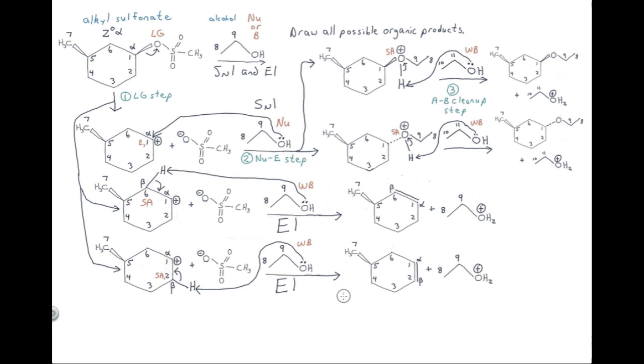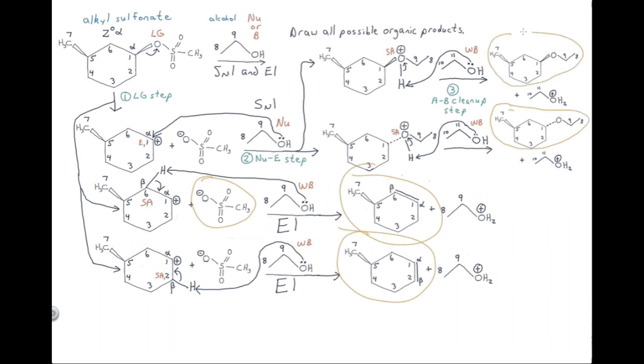Technically, this problem said that you needed to draw all possible organic products. Notice that in this case, technically, all the products are organic because they all have at least one carbon. Technically, even this is organic because it has one carbon. So this is a product, this is a product, this is a product, this is a product, this is a product, and of course, this is a product.